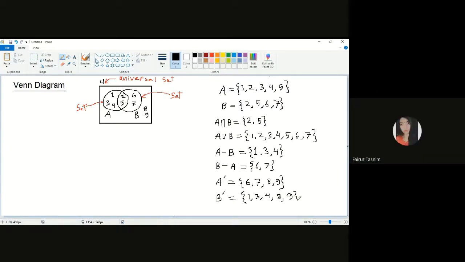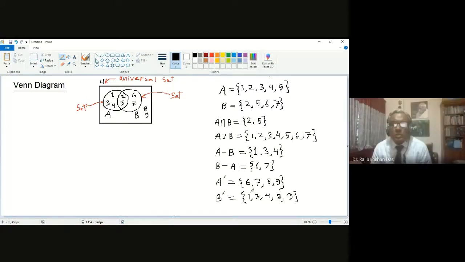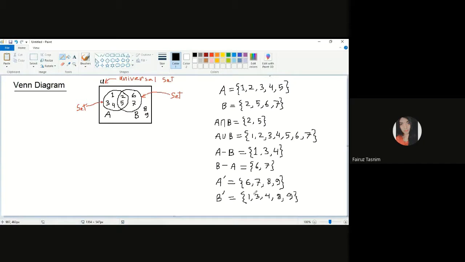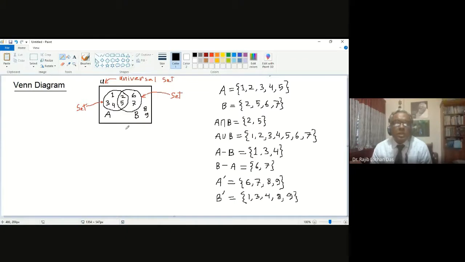Sir, in A prime, why did you not take 2, 5? Actually, it's confusing for me. Can you explain again? Other than A circle, that is not A. So other than A circle is this. 2, 5 is including A circle, so that will not come.